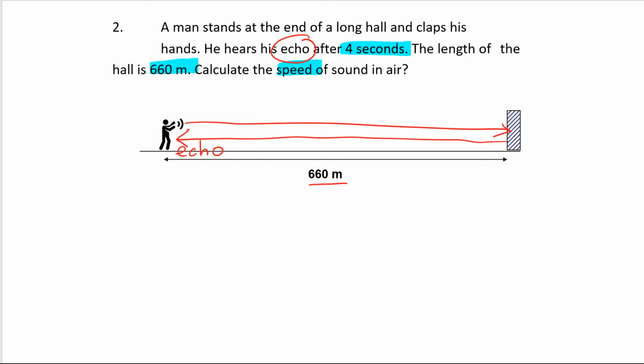So which means in total, sound actually travels 660 meters towards the wall, and then another 660 meters to go back to the man. So take note that in this case, the distance is 660 times 2.